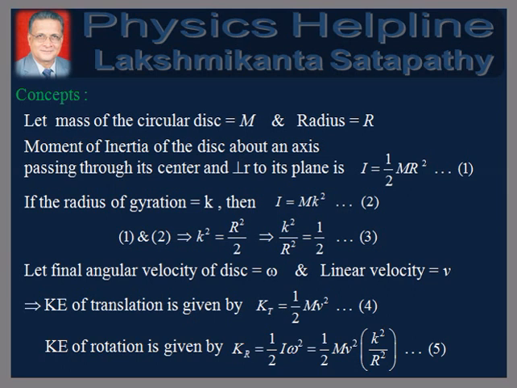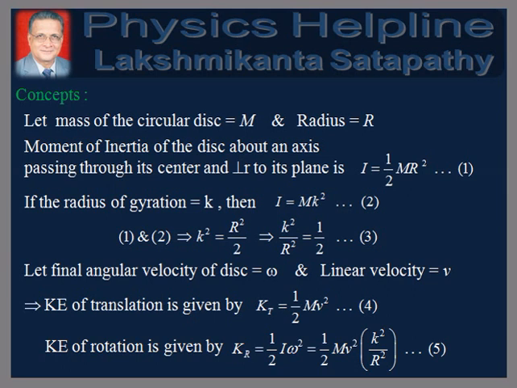Before proceeding to solve the problem, let us recall the related concepts, which are as follows. Let mass of the disk be m and radius be r. Then moment of inertia of the disk about an axis passing through its center and perpendicular to its plane is given by I is equal to half mr square.